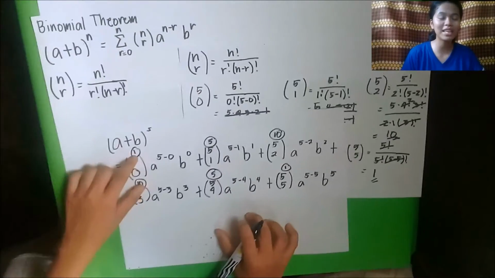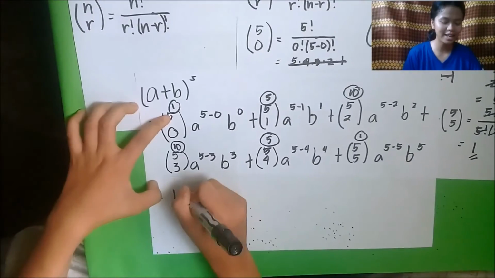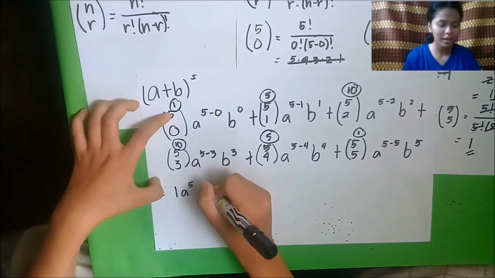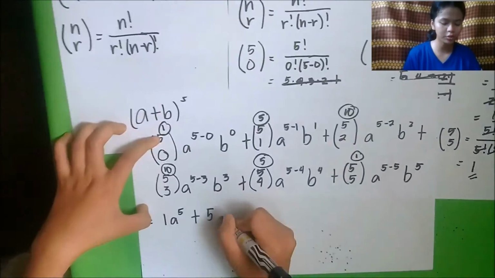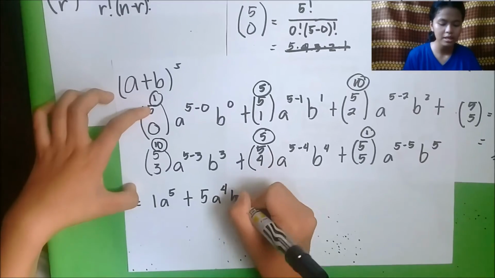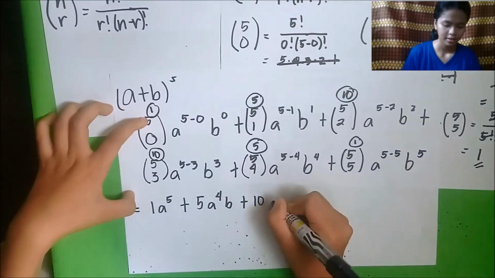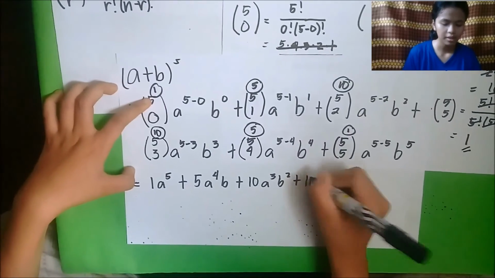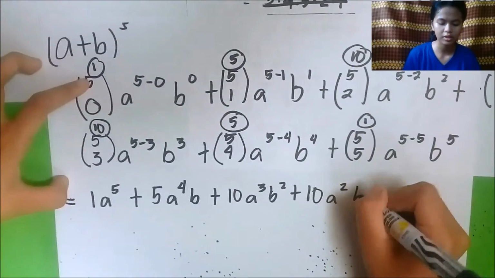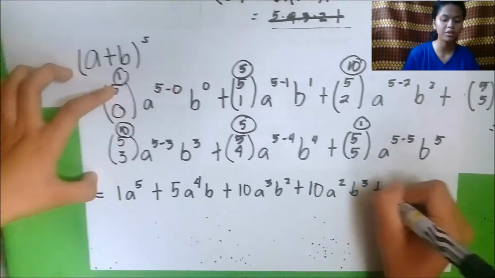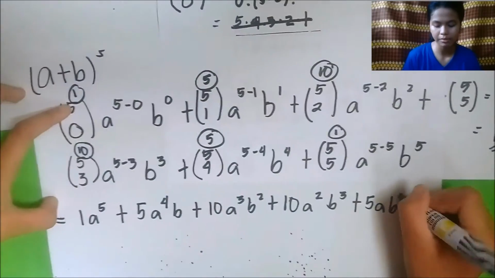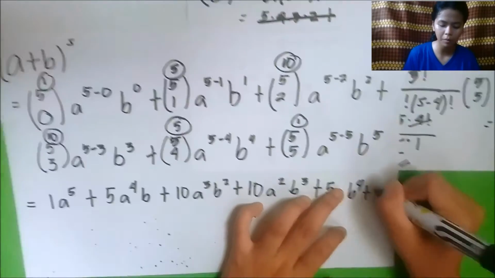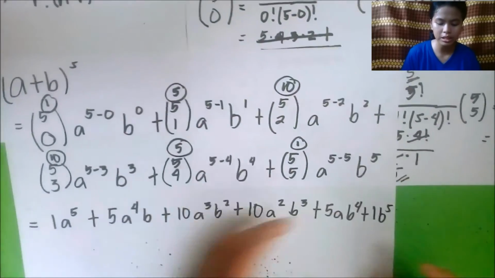Now this is going to be equal to 1 times a raised to the 5th power plus 5 times a raised to the 4th power times b plus 10 times a to the 3rd power b to the 2nd power plus 10 times a to the 2nd power times b to the 3rd power plus 5 times a times b to the 4th power plus 1 times b to the 5th power.